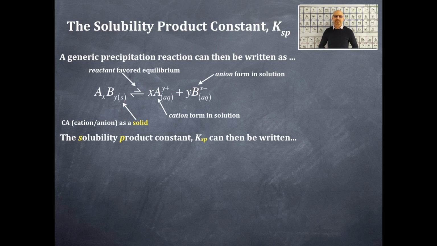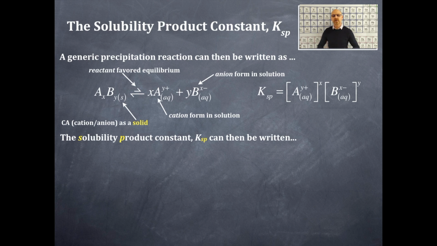So we're going to write the solubility product constant for this generic reaction, and this will be applied to all of them that we do here. KSP is equal to, and we have brackets, and those brackets mean molarity concentration.